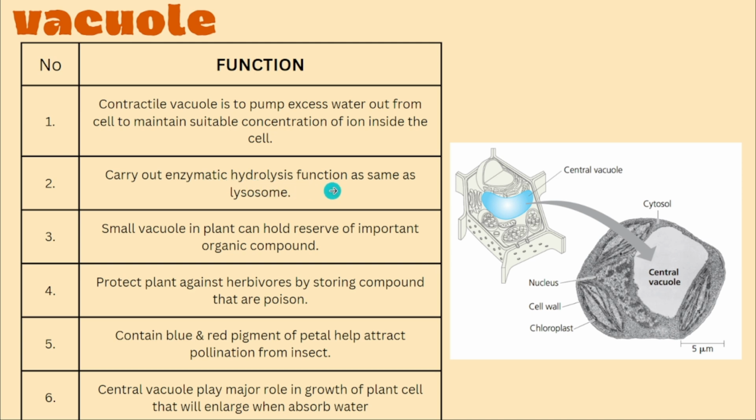that can play a major role like the lysosome. And the small vacuole in plants can hold reserves of important organic compounds, and it protects the plant against herbivores by storing compounds that are poisonous. This is another characteristic of plants to prevent animals from eating them. Herbivores are the primary consumers that normally eat plants, like cow and sheep.